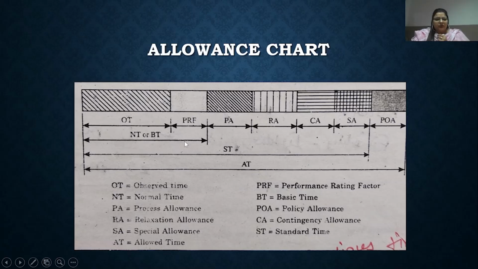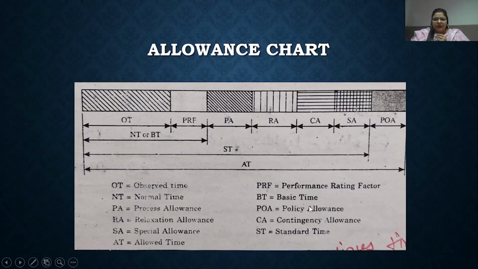OT is called observed time. Here we can add the performance rating factor, so this is called PRA. Next is PA. PA means process allowance. Next is RA. RA is the relaxation allowance taken by the worker. Next is SA, called special allowance. Next is AT. AT is called allowed time, the overall allowed time.